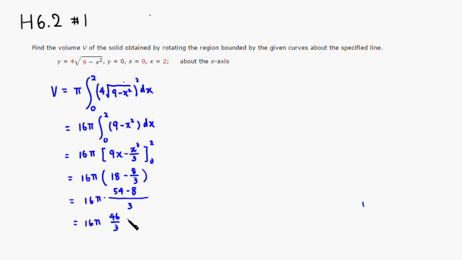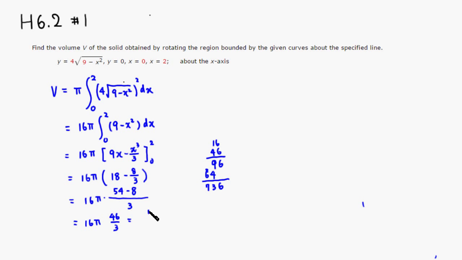So this is going to be 16 times 46. 6 times 6 is 36, 6 times 1 is 6, so that's 9, and 4 times 6 is 24, 4 times 1 is 4, so you have 736.